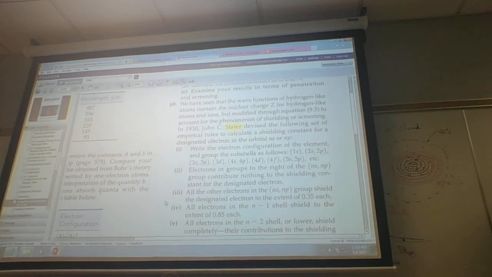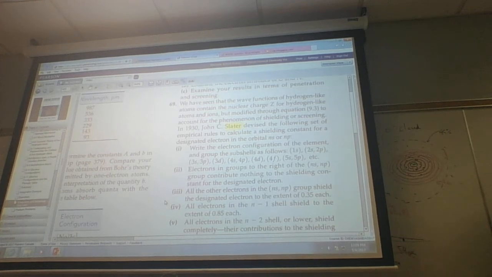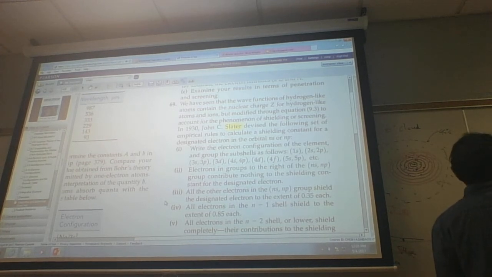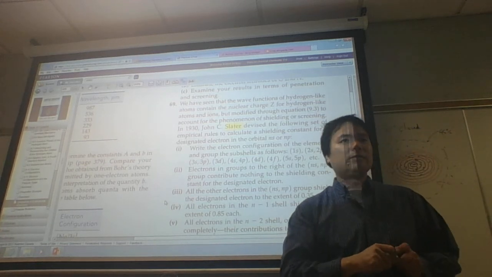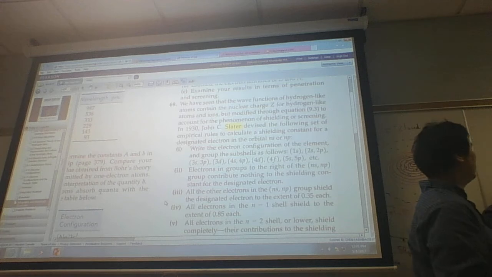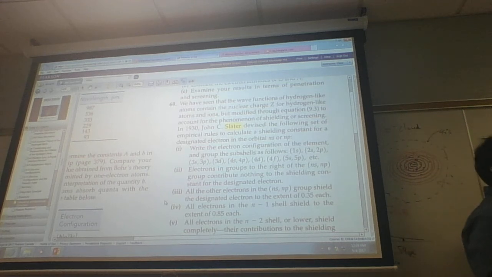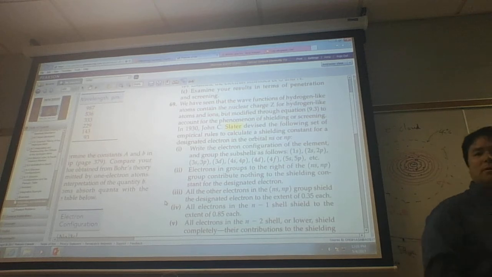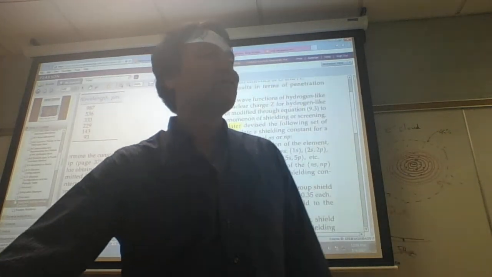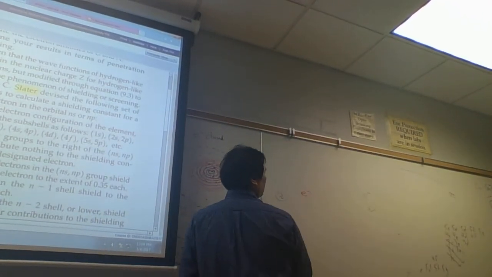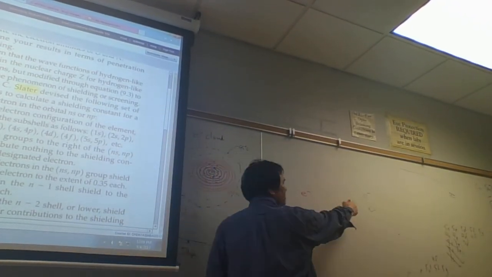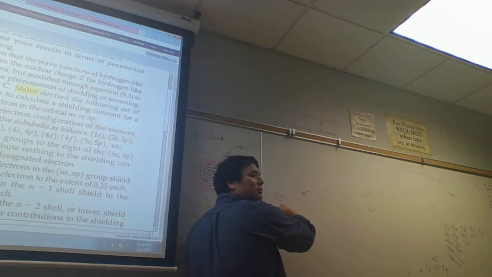And so if you're the outermost electron, what is the Z that you're going to experience? If there are no electrons between you and the nucleus, then you see Z, the full charge. But what happens if there's all of a sudden an electron here? Are you going to see the full Z?